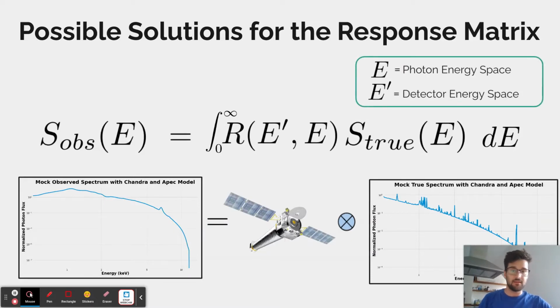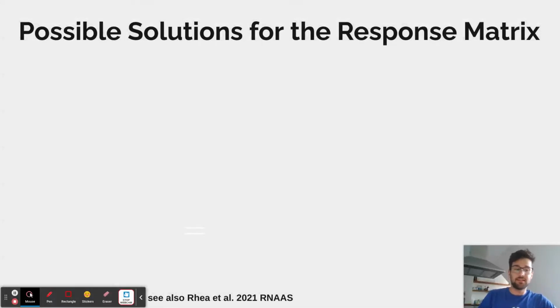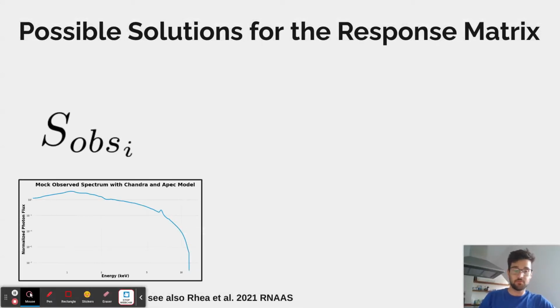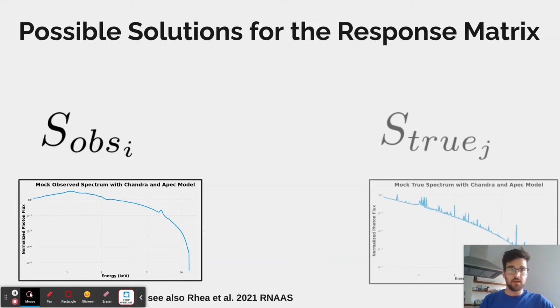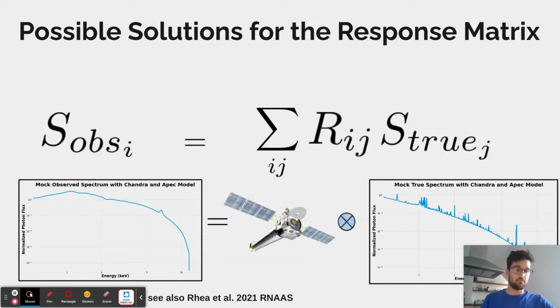We can reformulate this integral equation using linear algebra as a simple matrix multiplication, where we have a vector of the observed spectrum and a vector describing the true intrinsic spectrum, and our response function is now a nice response matrix. So this is that very standard Ax equals b matrix equation, where we have the observed spectrum, we have this response matrix, and we want to solve for the true spectrum.